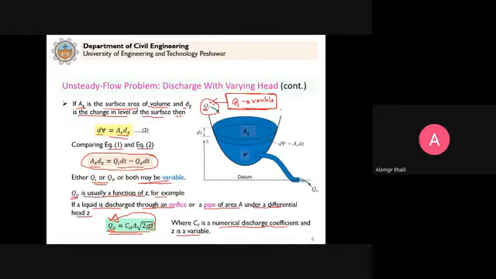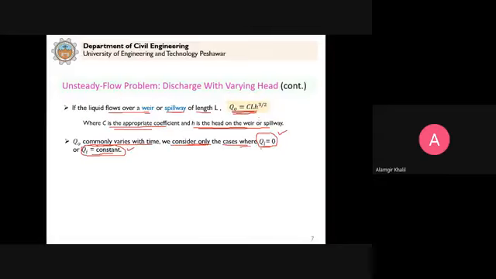You will find they discuss a case where inflow discharge is treated as variable, and you will see that a very complex equation results. But anyhow, in our textbook, we will assume that Qi is either equal to 0 or constant. We will not consider a case where Qi is variable.